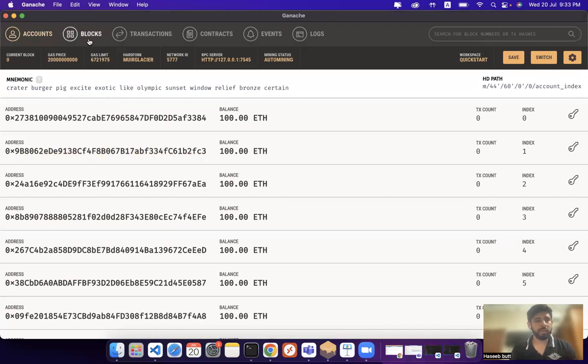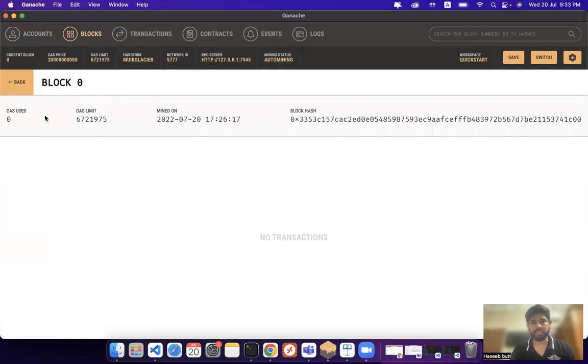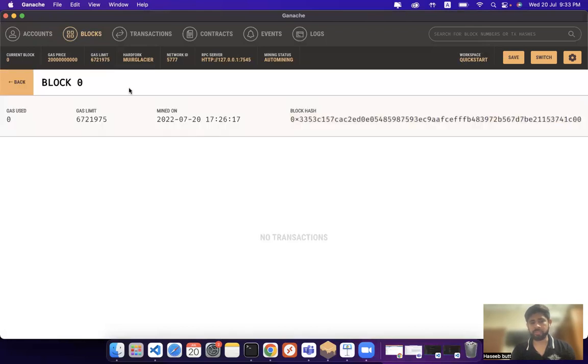So these are the blocks. Whenever we run a transaction on the blockchain, these blocks get added here. This is block 0, and its details are here. How much gas fees were used: because it's the first one, no gas fees were used. But whenever I run a transaction on this account, another block will be added, and its time spent and other details will be displayed here.